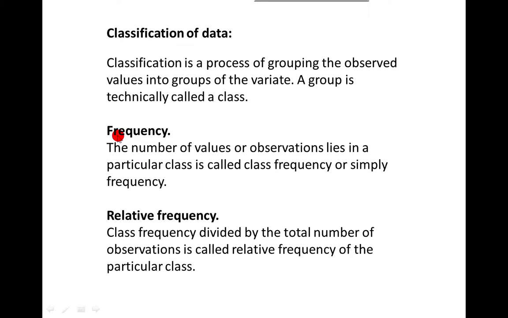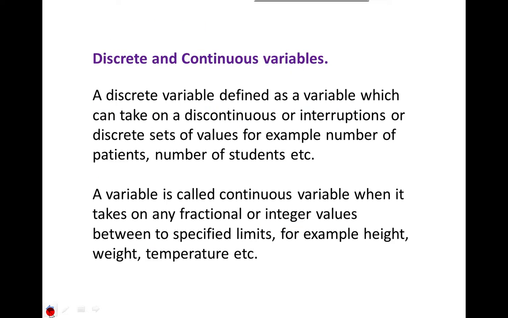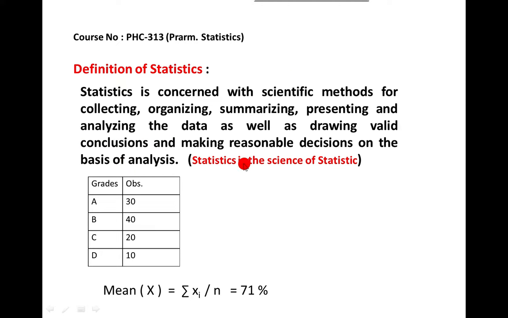And the number of observations is called frequency. The number of values or observations lying in a particular class is called class frequency or simply frequency. We did this in the definition of statistics. If you collect the data of first year students in the subject of mathematics and classify according to grades A, B, C, D, and then count how many observations are in each group or class, it is called class frequency. 30 is the frequency, represented by small f, observations. 40, 20, 10.